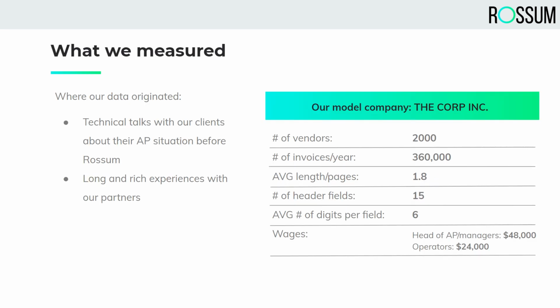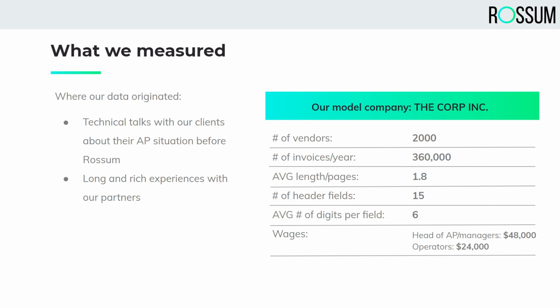Here's how we measured the data. First, technical discussions with our clients regarding their AP workflows before implementing Rossum. And secondly, a history of long and rich experiences with our partners. On the table to your right, a quick indicator of how you can break the wages down. The head of AP and managers, we've listed this as $48,000.